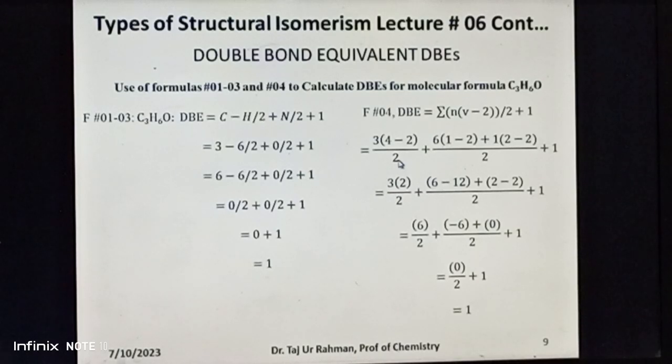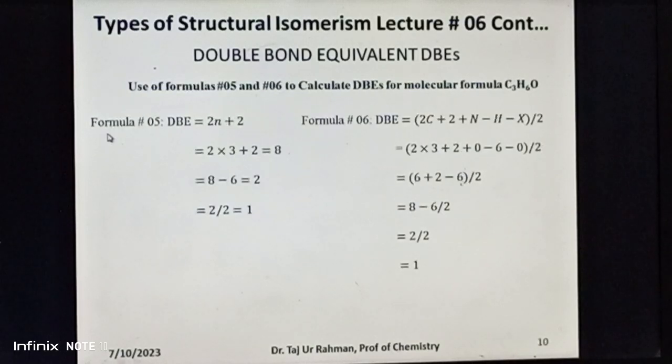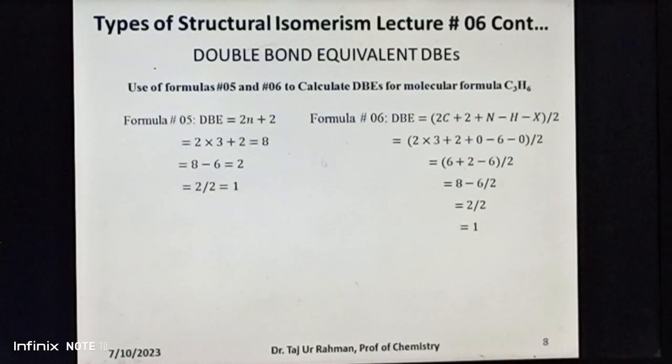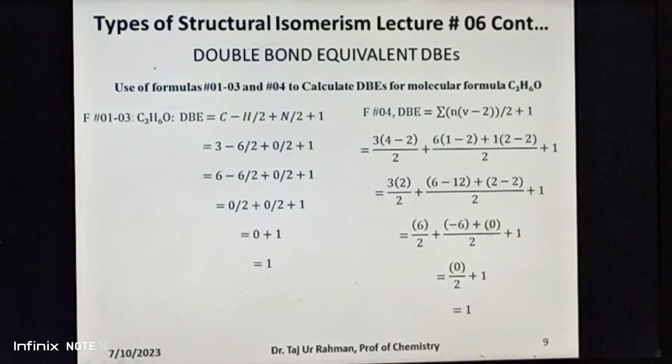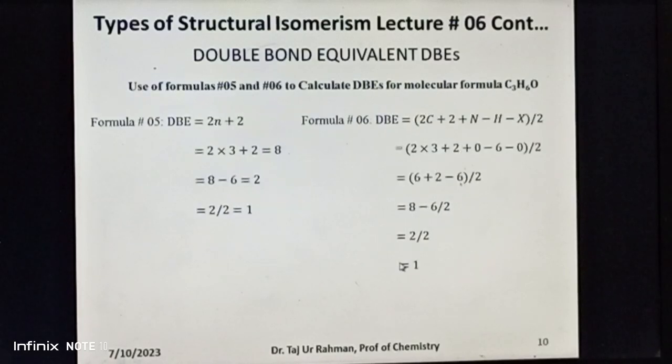Here the same calculations have been exercised to calculate the DBE value for molecular formula C3H6O. By applying all the 6 DBE calculation formulas, the DBE value calculated for C3H6O is again 1.